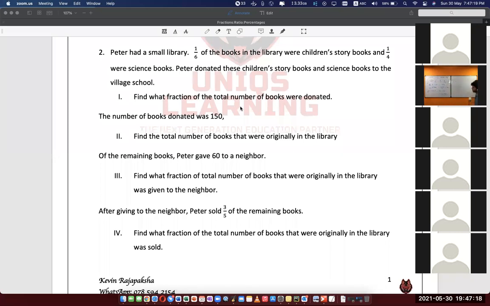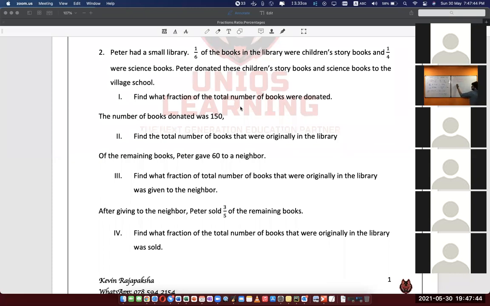Second method may be like this. If total books is equal to X, what will happen? 5/12 of X is equal to 150, right?